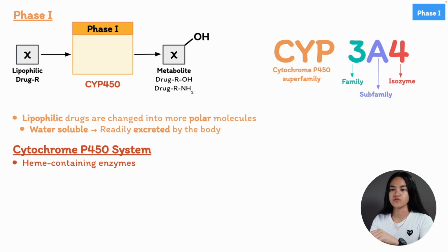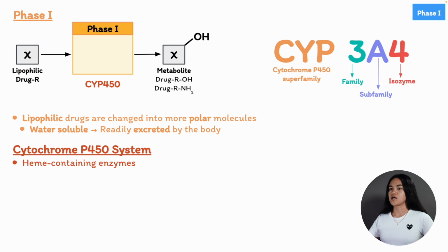So for example, CYP3A4 belongs to the CYP3 family, the A subfamily, and the last number tells us the specific isozyme. All right, so this nomenclature system helps in categorizing and identifying CYP enzymes based on their structural and functional similarities, okay?